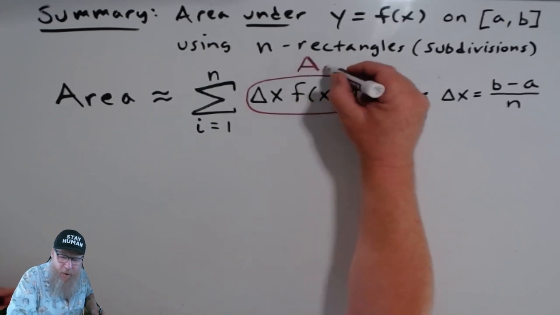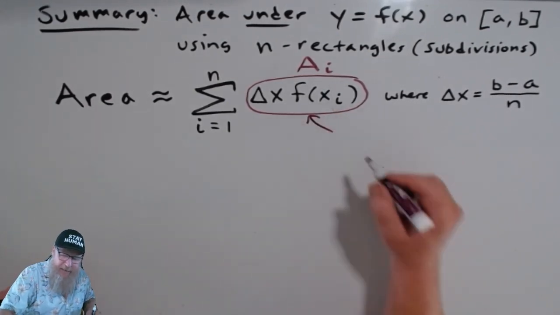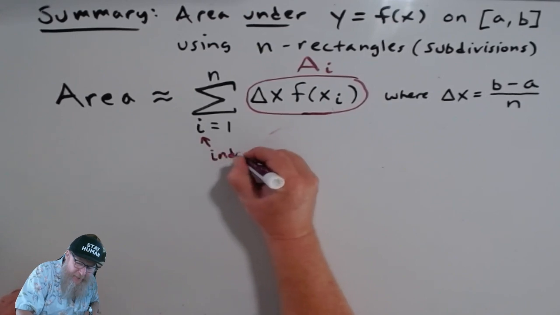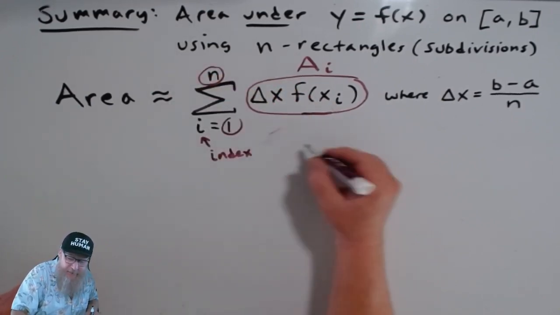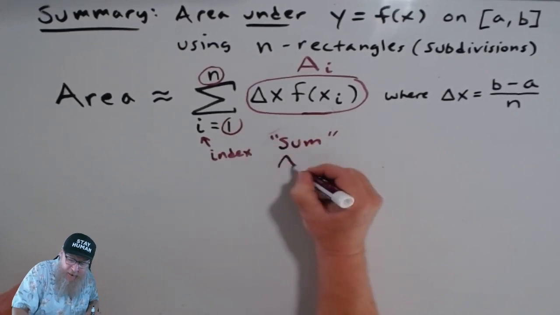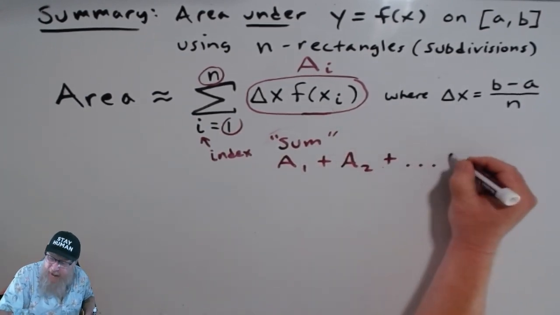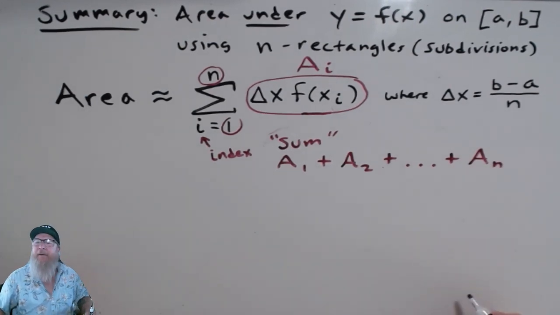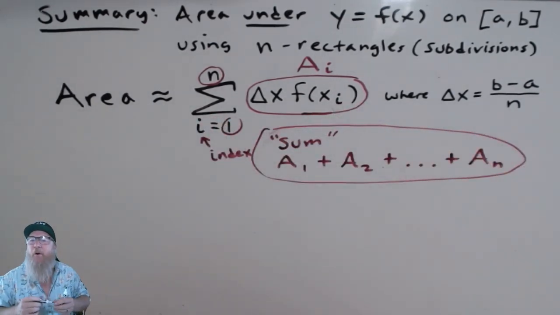So I was calling these A1, A2, A3, etc. So that's A I. So essentially what this means, sorry about that, the index ranges from 1 to n, and so that creates a sum A1, that's when you start at 1, and then you go to A2, and then dot, dot, dot, A3, A4, A5, however many rectangles you have, and then you stop at the last rectangle, A N. So this notation is a way of writing this sum in a more condensed form that applies to all 3 methods, the right hand, the left hand, and the midpoint.